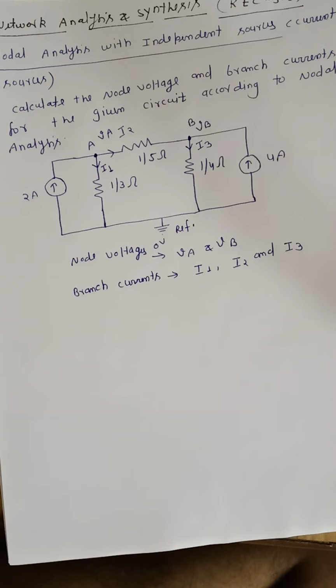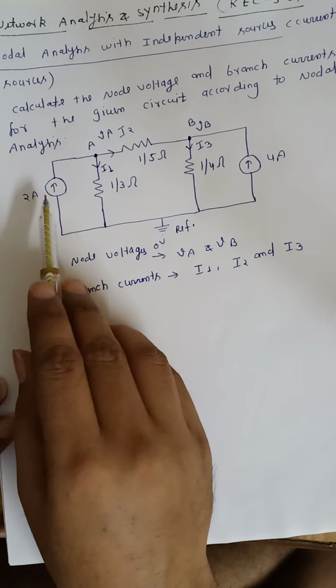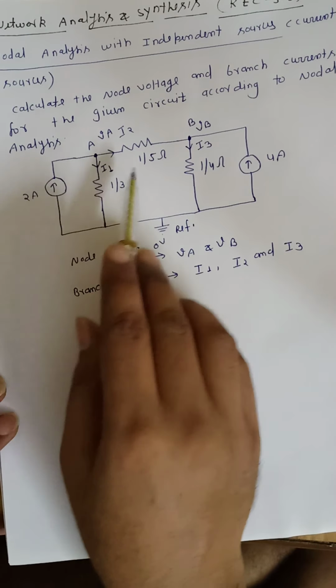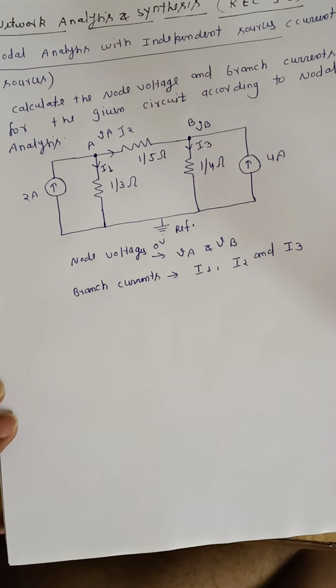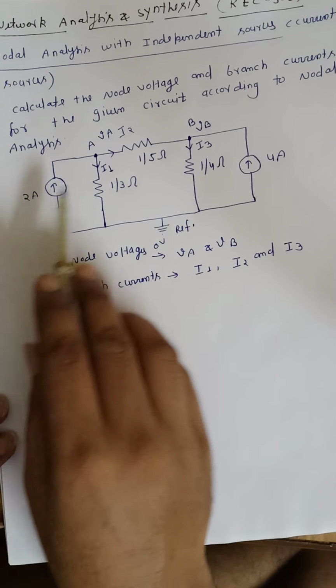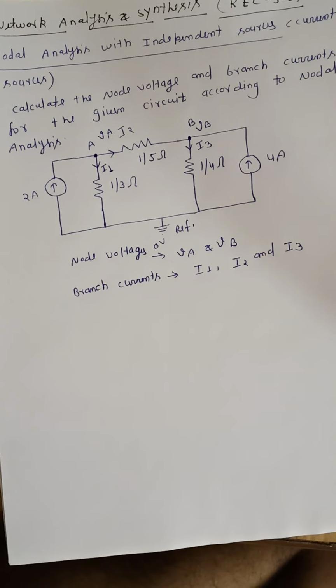We can define the relationship between the 2 ampere source, I1 and I2 for node A according to KCL. To establish this relationship, first we apply KCL at node A. We have already seen Kirchhoff's current law in 12th class and in BTech first year in electrical engineering.